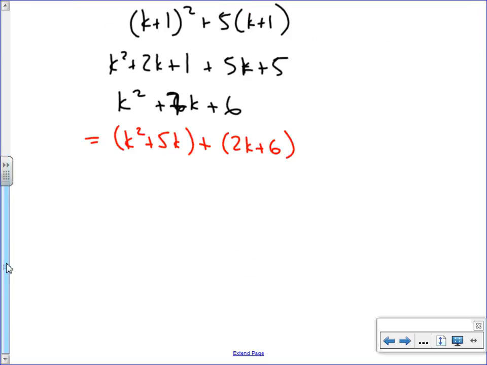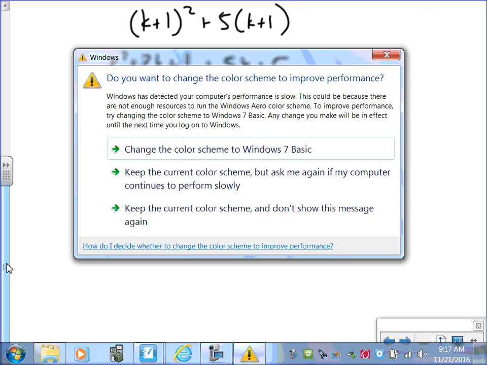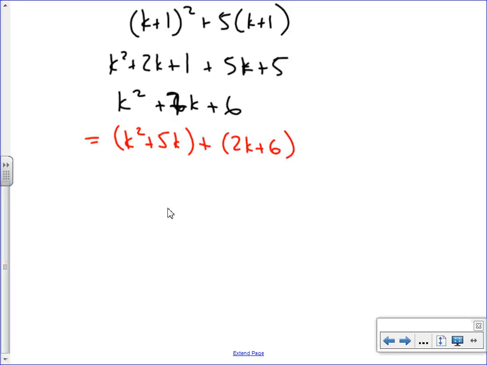Here's the genius. This is Sk. We assume Sk is true, so this is already true. Is 2 a factor of this? Yes. So if 2 is a factor of Sk, because we assumed it was true, and 2 is obviously a factor of the next thing, then it's a factor of the whole thing.